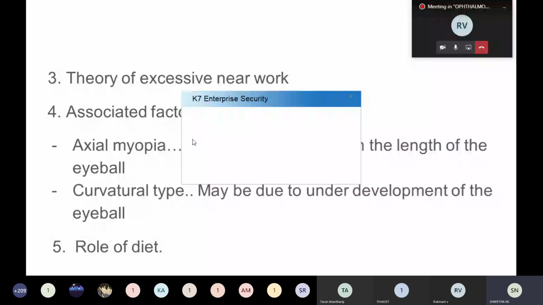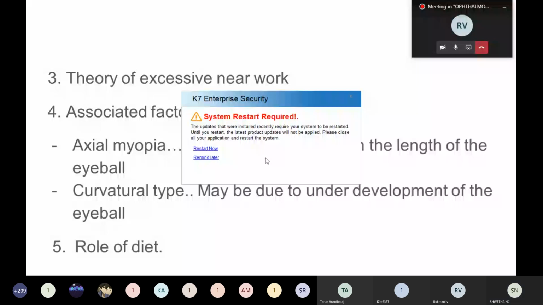There may be an increase in the length of the eyeball, or the curvature may be due to underdevelopment of the eyeball. The role of diet is also a factor for the development of myopia.